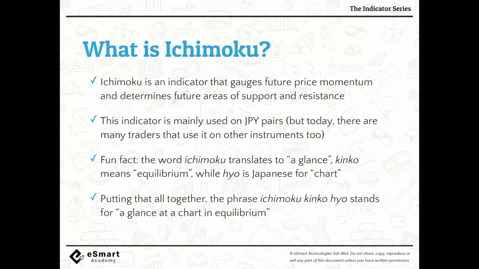In other words, the person who created this indicator, who was of course Japanese, wanted an indicator that they can utilize to analyze a chart and be complete. That's where the name comes from, and if you translate it, it means a glance at the chart in equilibrium.